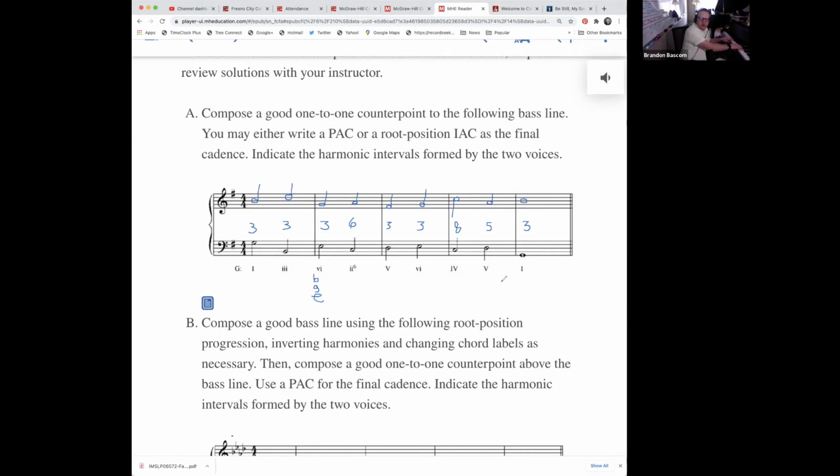Where did we go? We did a pack in ours. Yeah. Well, like the book said, there are many solutions. So I think we're okay either way.